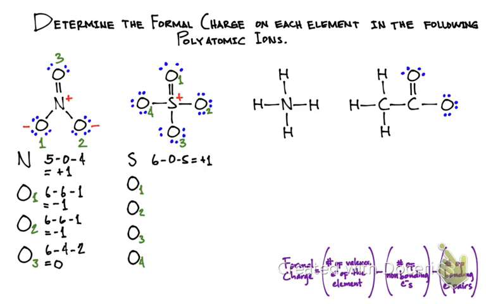And notice that sulfur has more than 8 valence electrons because sulfur is on the 3rd row in the periodic table. All right, oxygen labeled 1 would have 0 charge because it's 6 minus 4 minus 2 gives us 0. The second oxygen on the right here would have a negative 1 charge. The one at the bottom would also have a negative 1. And same thing for the fourth oxygen, negative 1.